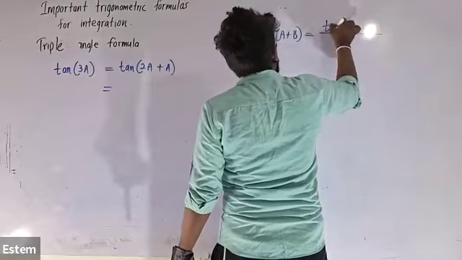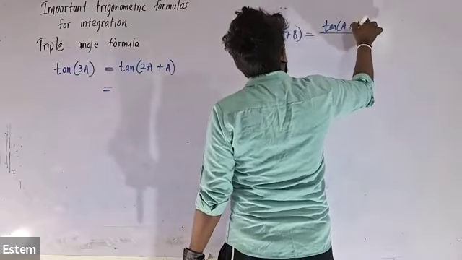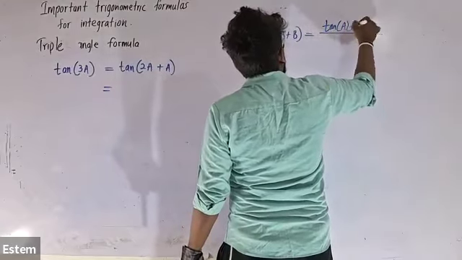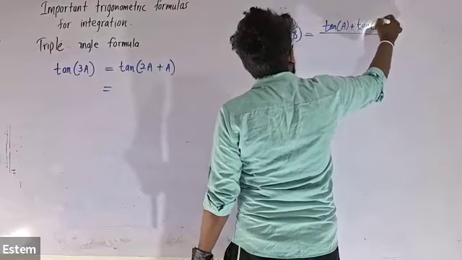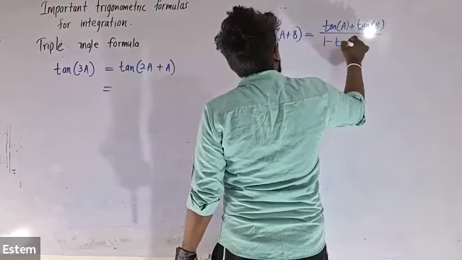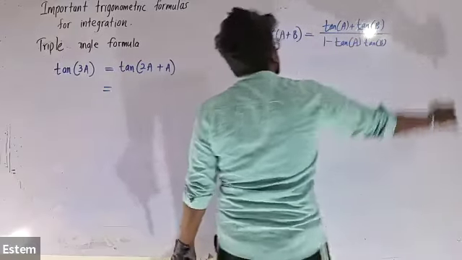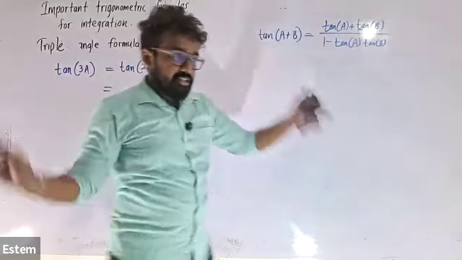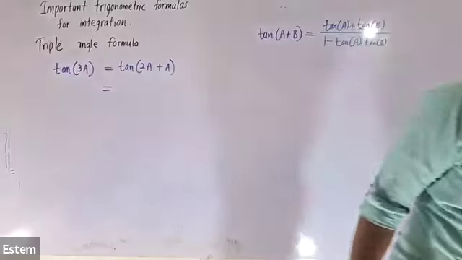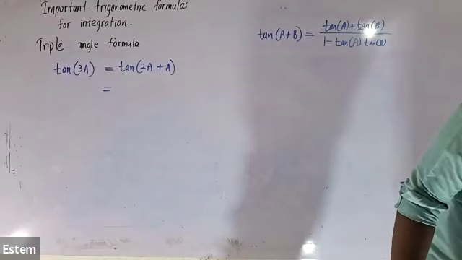What is that? Tan A plus tan B over 1 minus tan A tan B. So try this with this formula at home.